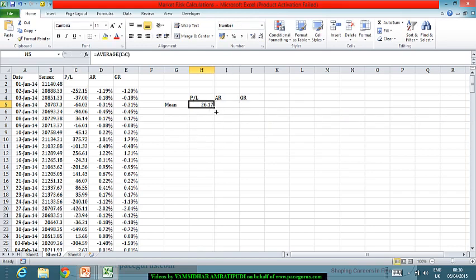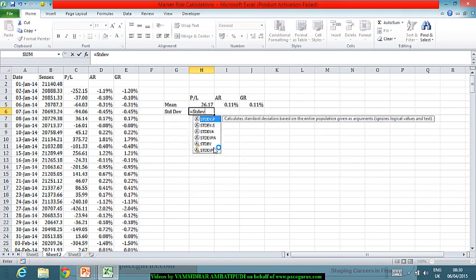Right, so just to do a few calculations, if I am looking at the mean of this profit or loss, it is this much. Whereas when it comes to the arithmetic return and the geometric return, the mean is around 0.11%, and even for the geometric return it's the same case. Okay, and I also want to look at the standard deviation in all the three cases.